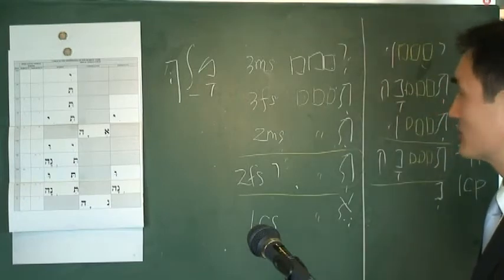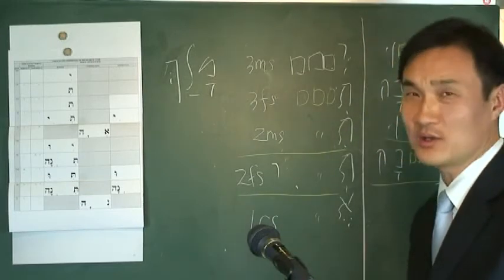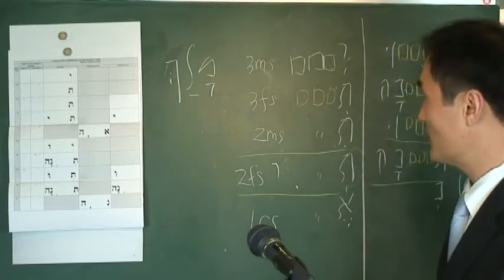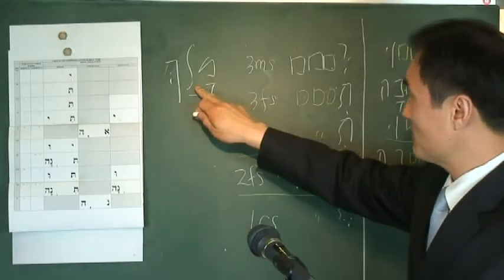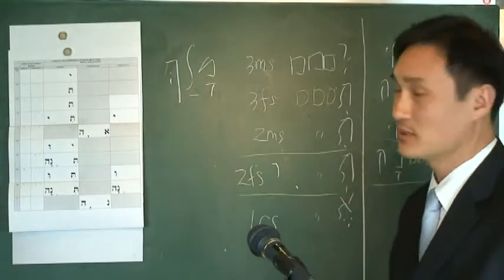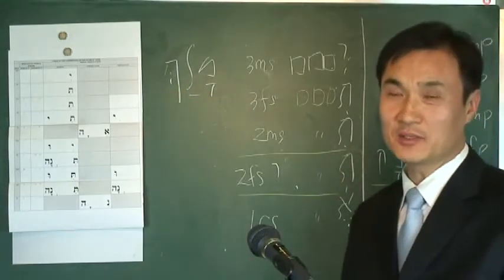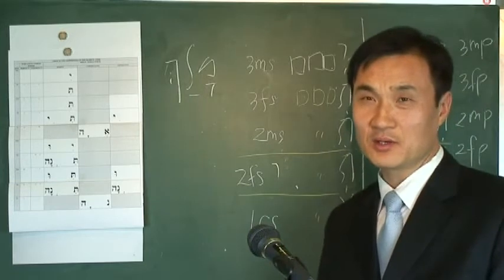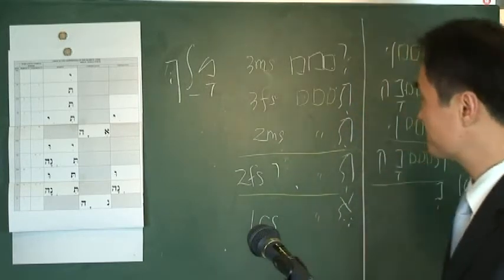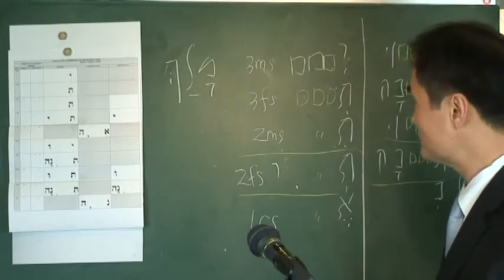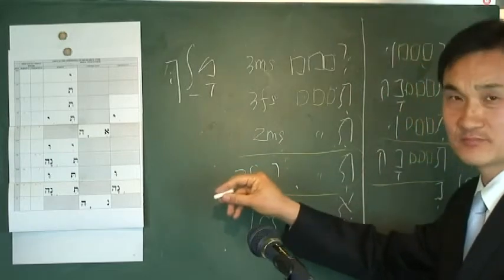The verb malak is a perfect form of kal. If we were to change this into the kal imperfect form, we would add the consonants mem, lamed, and kaf of malak to the form yiktor to form the kal imperfect form of malak.